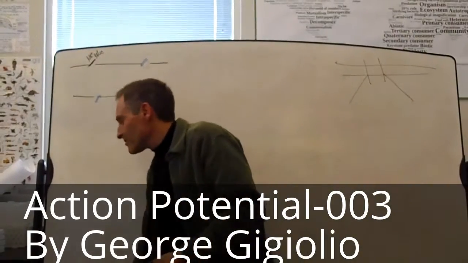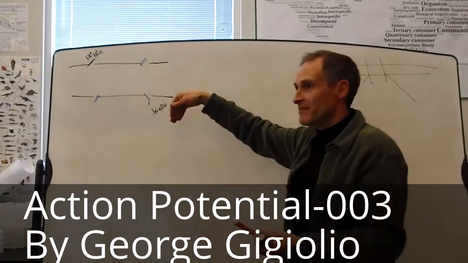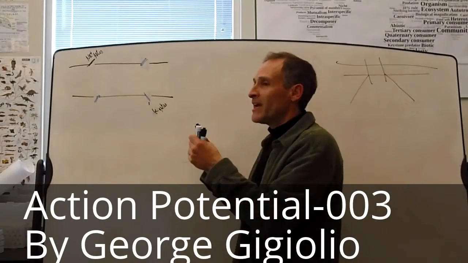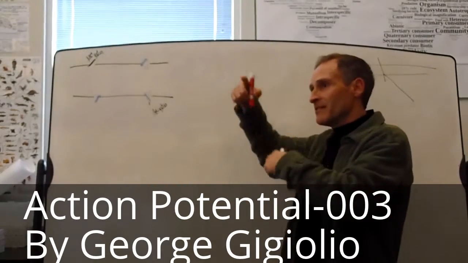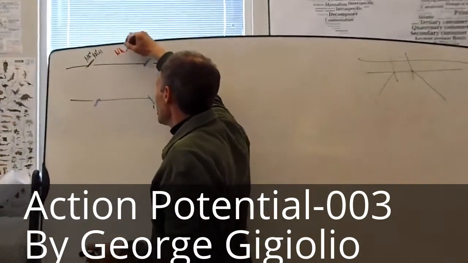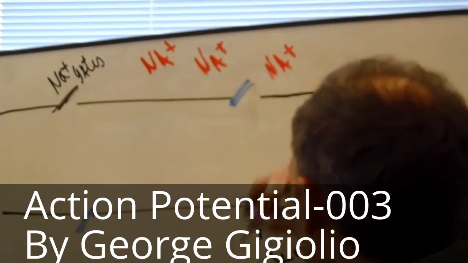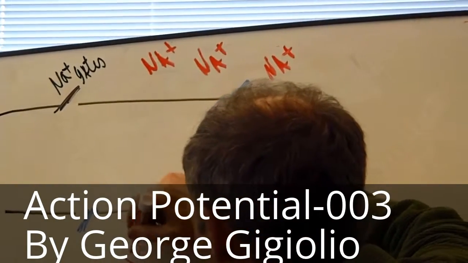Some of these, which you're very familiar with, are sodium. Some of them are potassium. So let's create this action potential by differing the charges on the ions. On the outside, I'm going to do it in red. There's a lot of sodium out here. Sodium, they're all over.